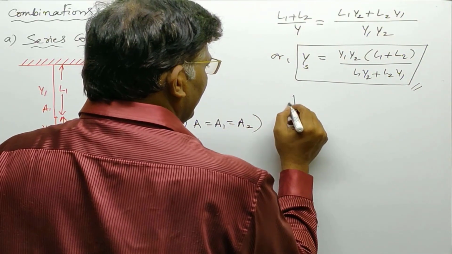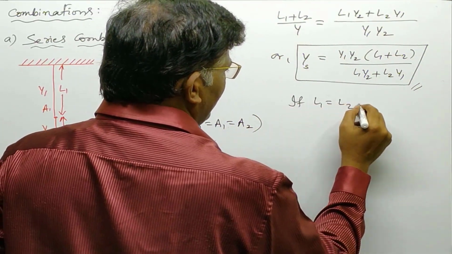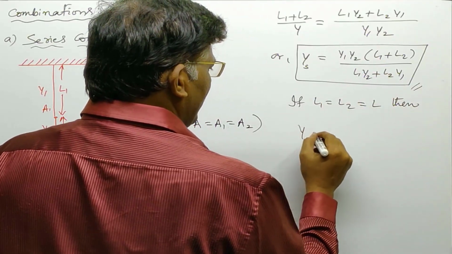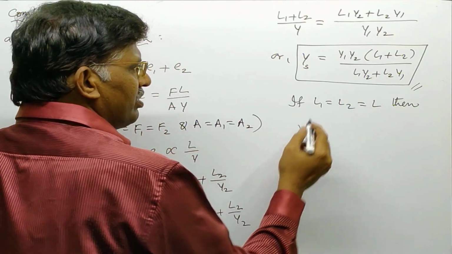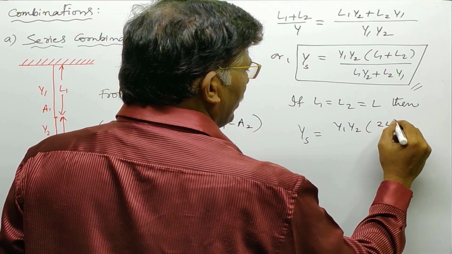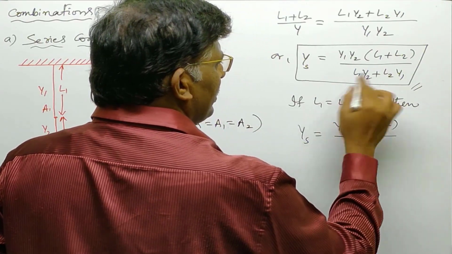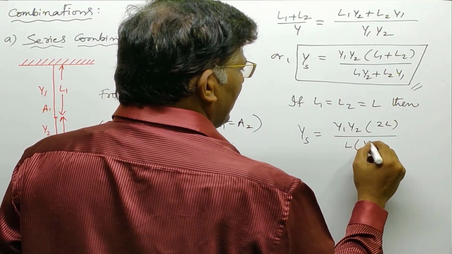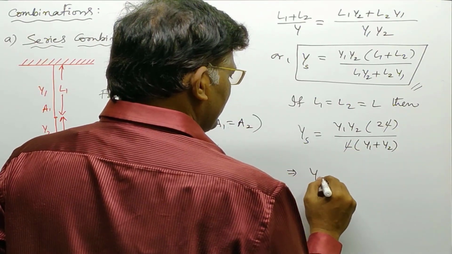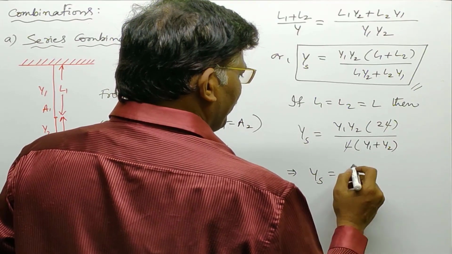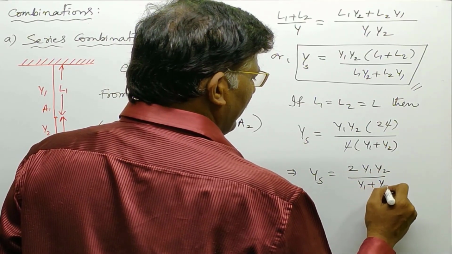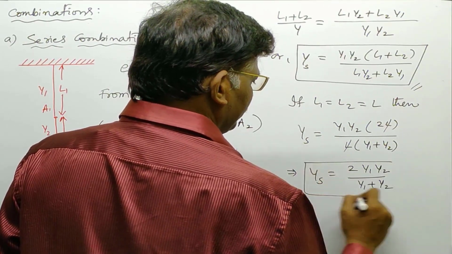And suppose here, if L1 is equal to L2 is equal to L, then Ys, the effective Young's modulus in series combination, can be written as Y1 Y2 into (L plus L), 2L, divided by, here L1 and L2 are the same, L you can take as common, L into (Y1 plus Y2). Here L cancels, so that implies Ys is equal to 2 Y1 Y2 divided by (Y1 plus Y2).